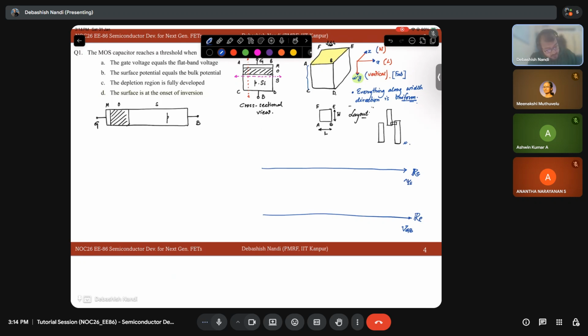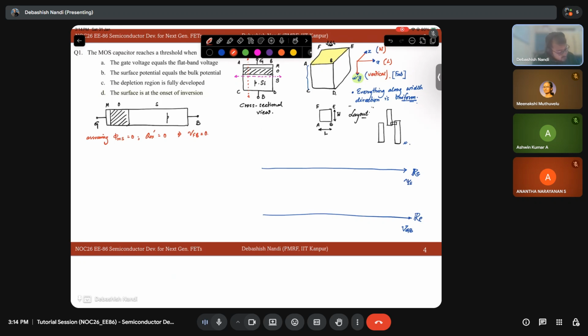Fine. For our discussion, we are assuming phi ms to be 0, Qox to be 0. That will lead to my flat band voltage being 0, right?